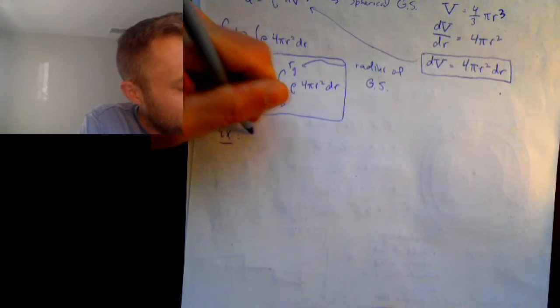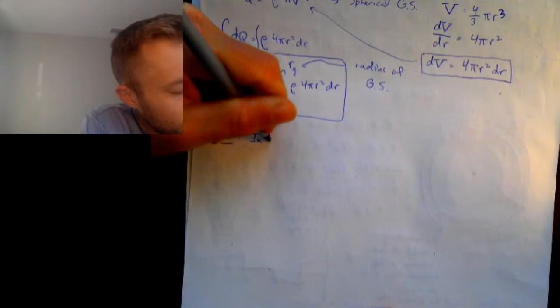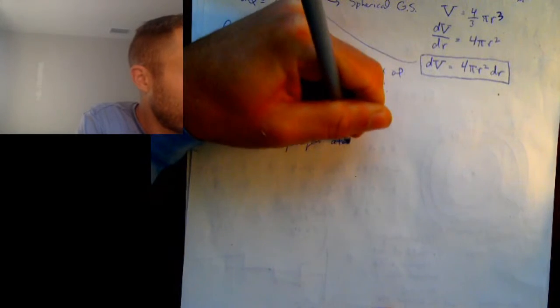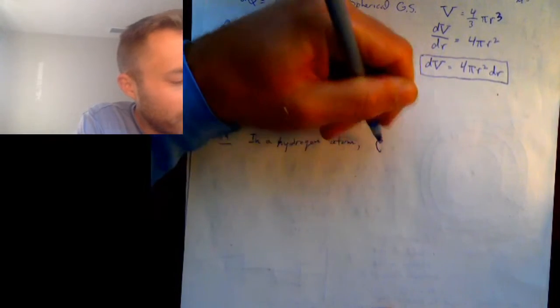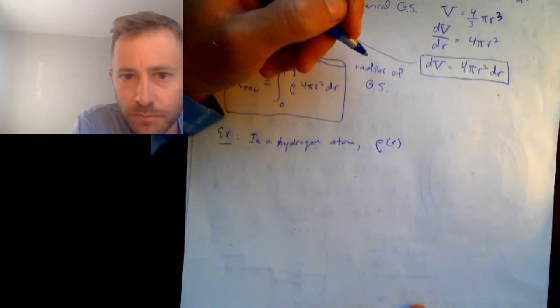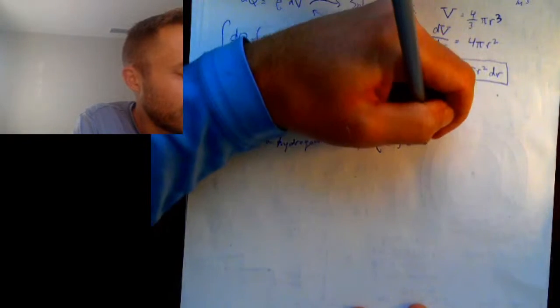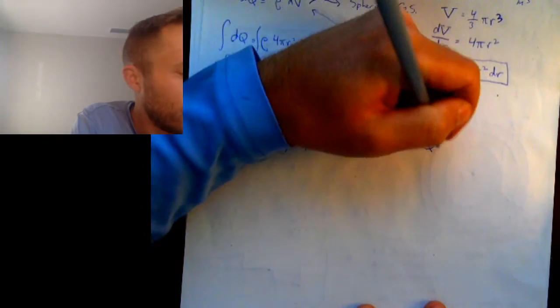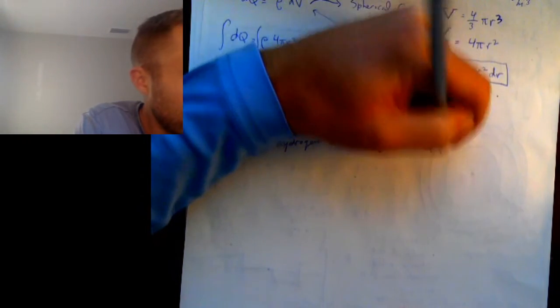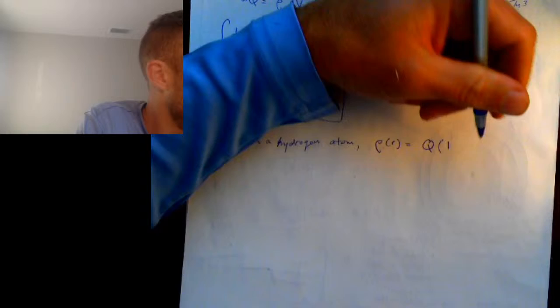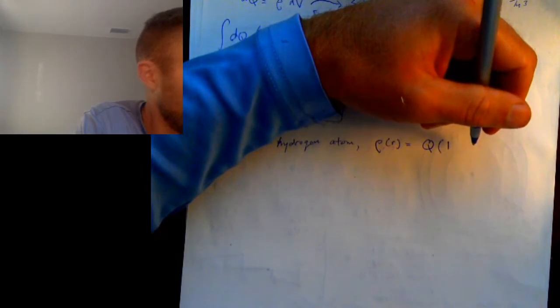So in a hydrogen atom, the charge density as a function of r is equal to... wait a second.